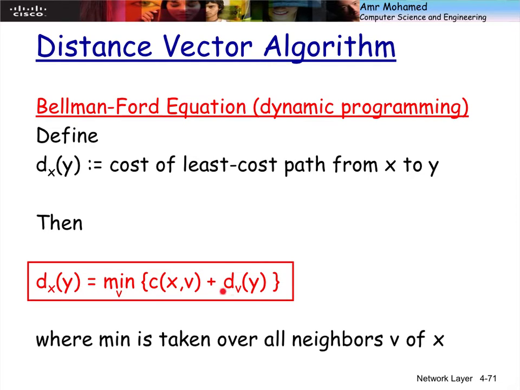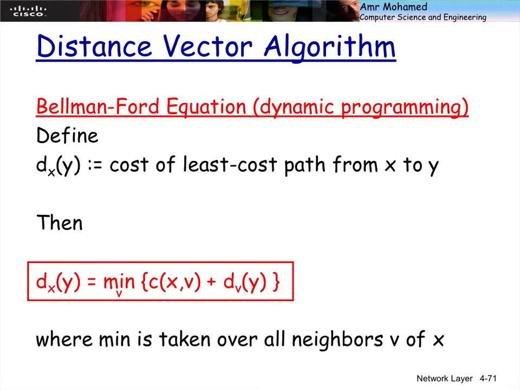So I need to know all the possible combinations of the adjacent nodes and the distance between those adjacent nodes and the final destination. And in here, there is no shortest path tree, there is no global view. I need to construct the distance to only one final destination. Okay?